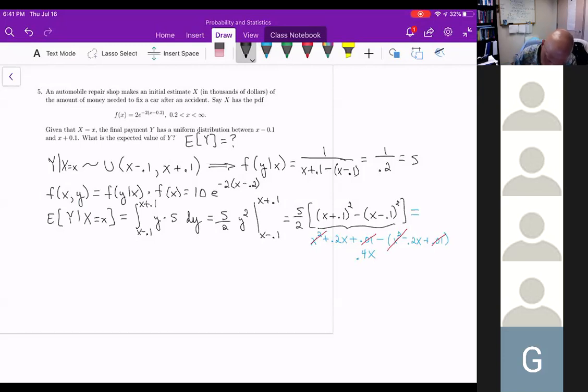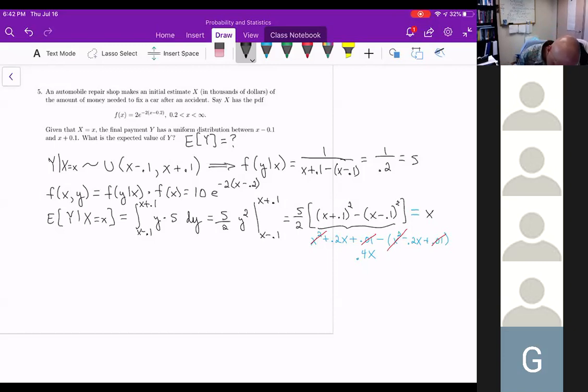Which means you've got 0.4, which is 2/5 times 5 halves, which nicely works out to be x. So that's pretty cool, but we haven't finished yet.